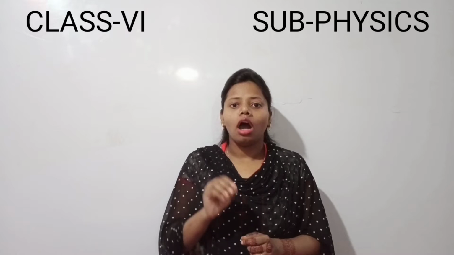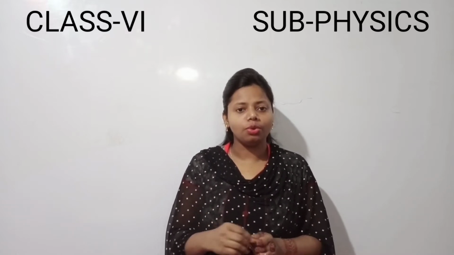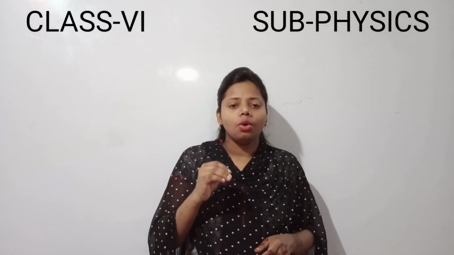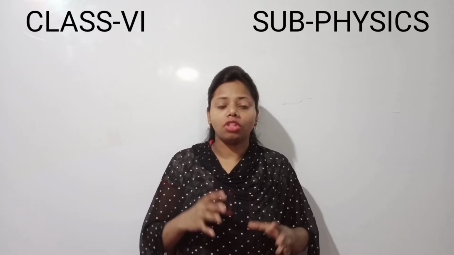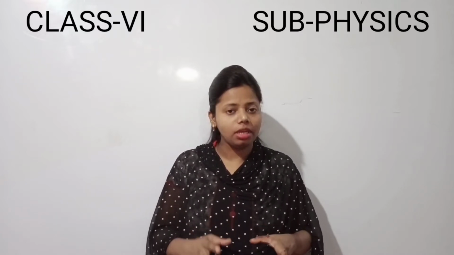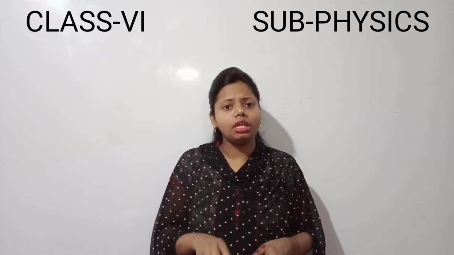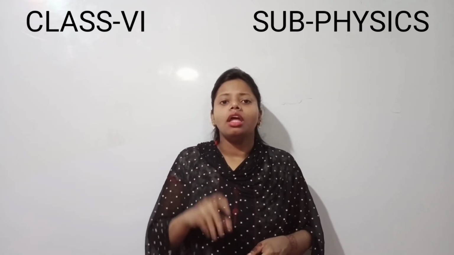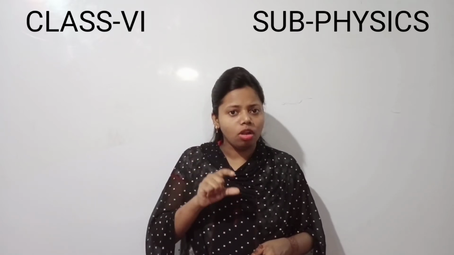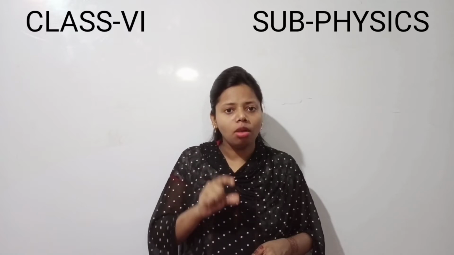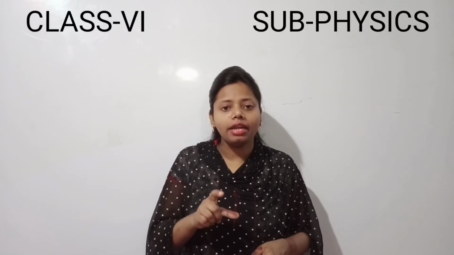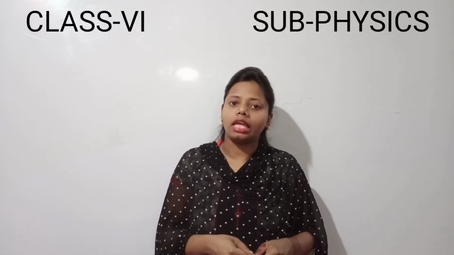Now, how to use this thermometer? When the thermometer comes in contact with a hot object, the mercury in the small bulb will expand and the level will rise in the capillary tube.